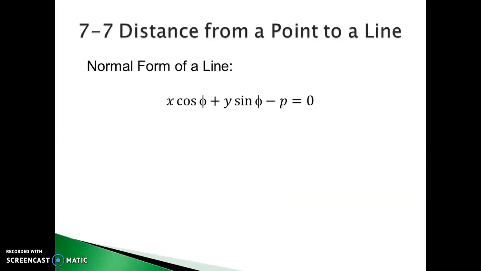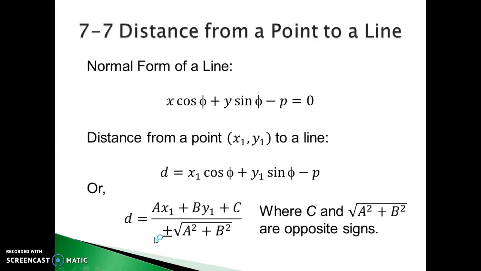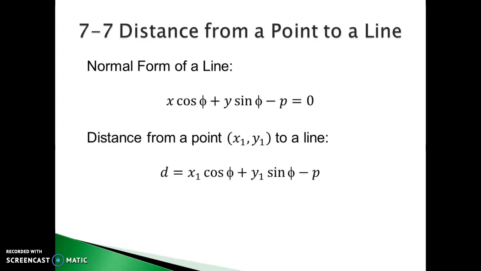So we said that the normal form of a line was x times the cosine of phi plus y times the sine of phi minus p is equal to 0. What we're going to learn today is that the distance from a point at x1, y1 to a line is just substituting for the x value and substituting for the y value.